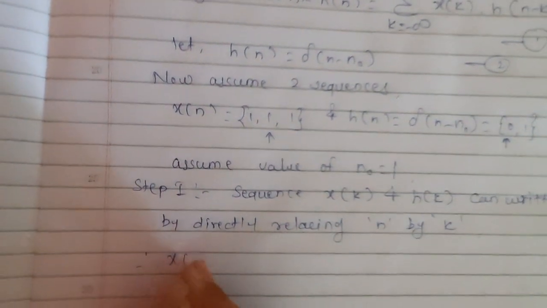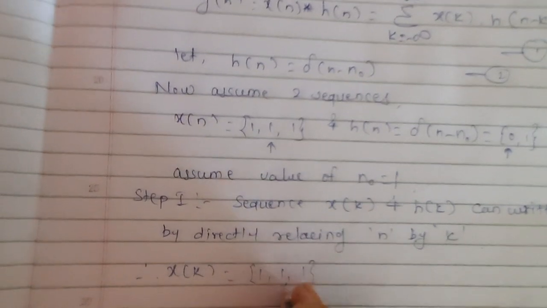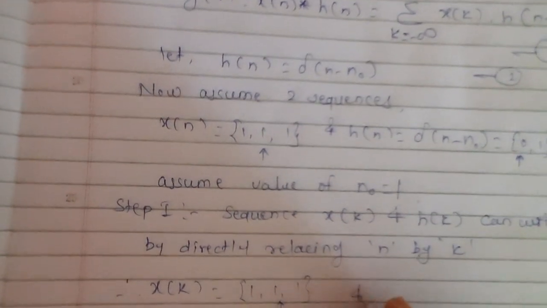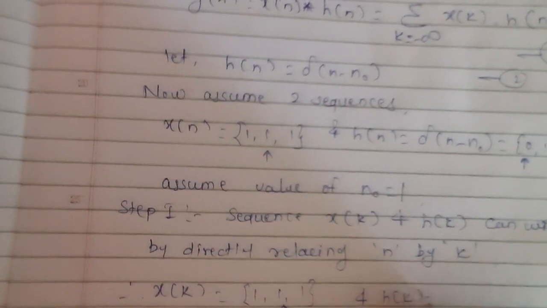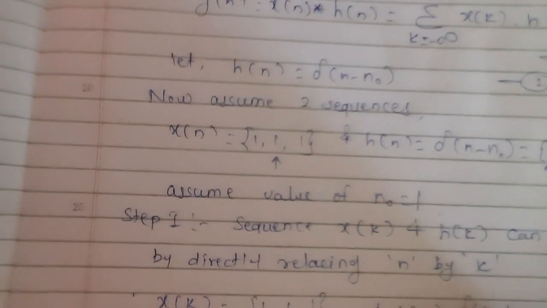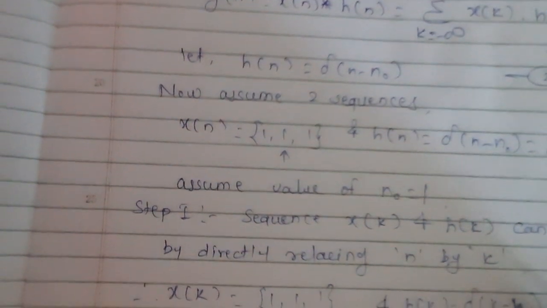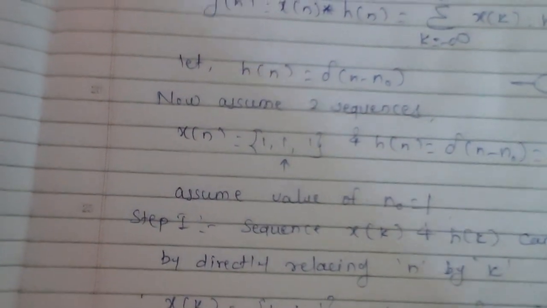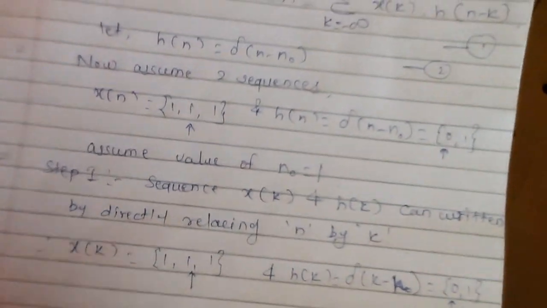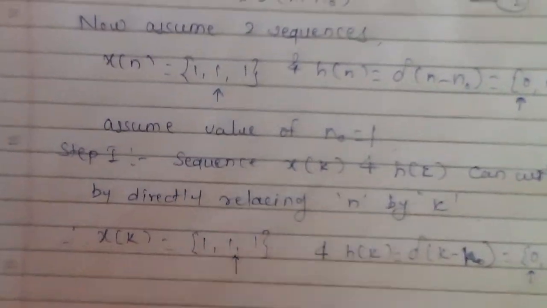So x of k is 1 1 1 and h of k is equal to delta of k minus n0. So it is 0 and 1. So two different samples x of k and h of k can be written as.